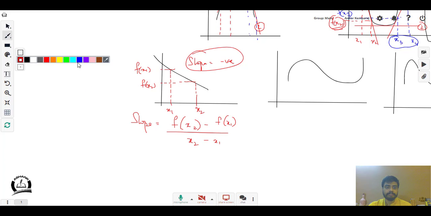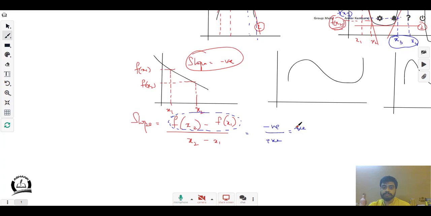Simple, right? If you observe carefully, your numerator is negative because the first term is less and the second term is more. So your numerator is negative and the denominator is definitely positive. This means your slope is also negative.